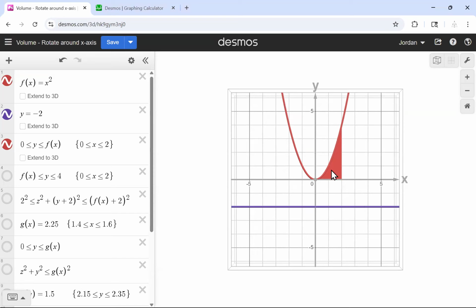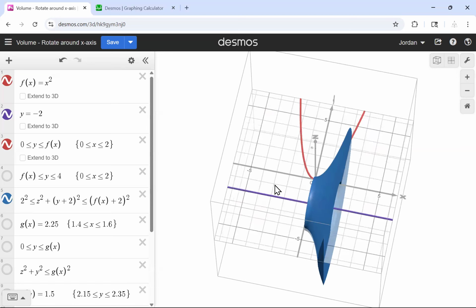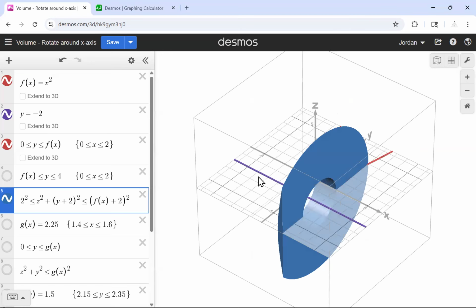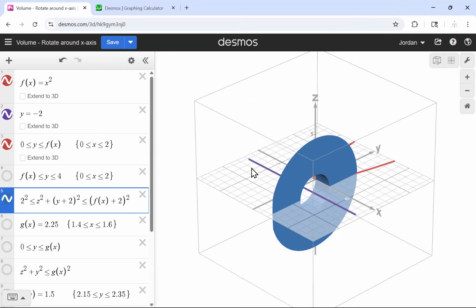Well, if we did that, then there'd be a big hole in the middle here, and we'd get kind of a tube shape figure. Now, again, I don't expect you to know how to do this in 3 dimensions, but I've graphed this in 3 dimensions, and you get this shape figure with a big hole in the middle, okay?